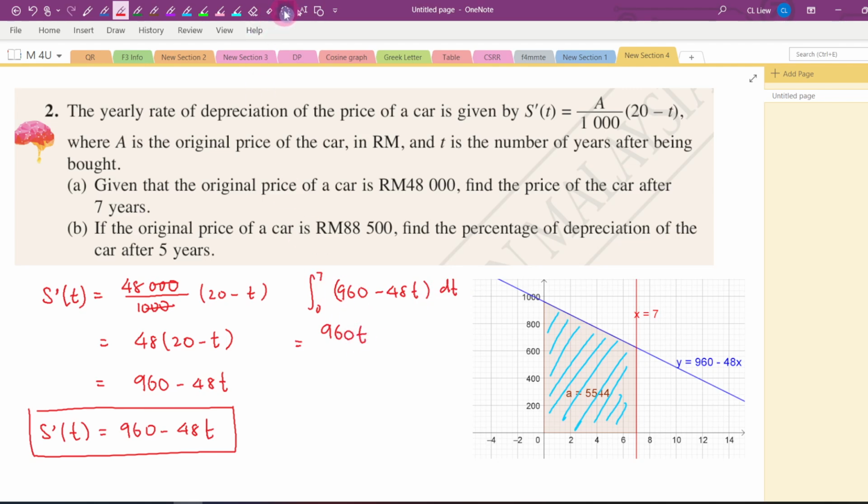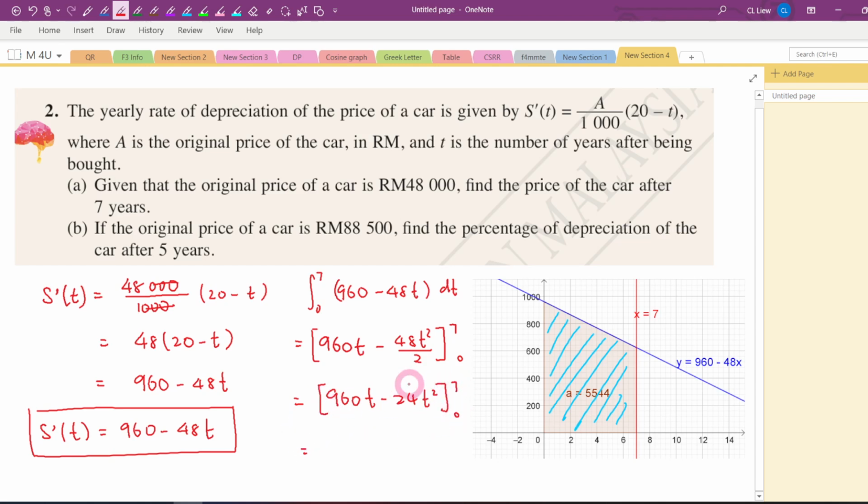960t minus 48t squared over 2. And this is the upper limit, this is the lower limit. 960t minus 24t squared.